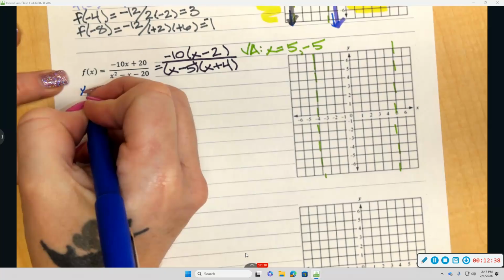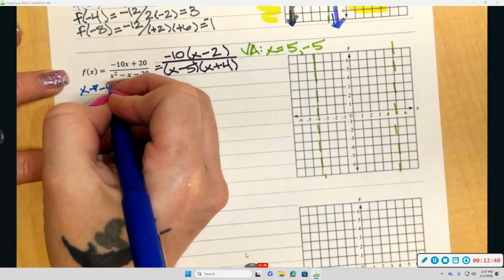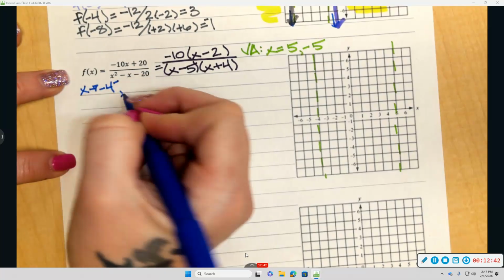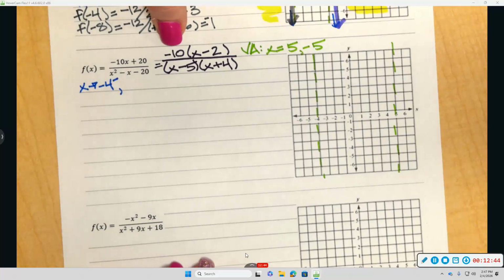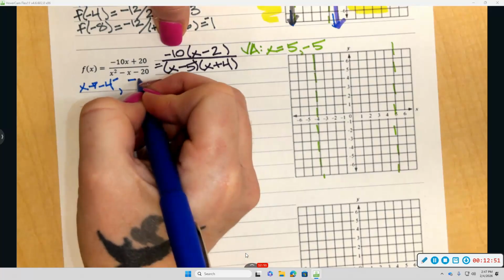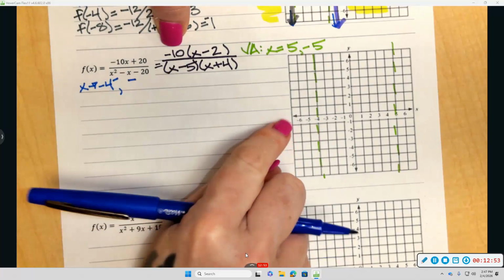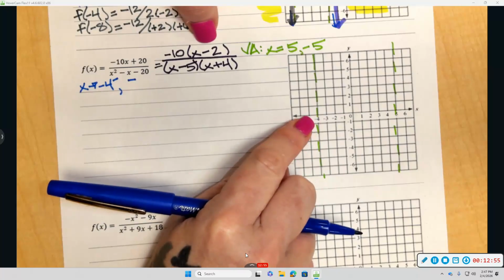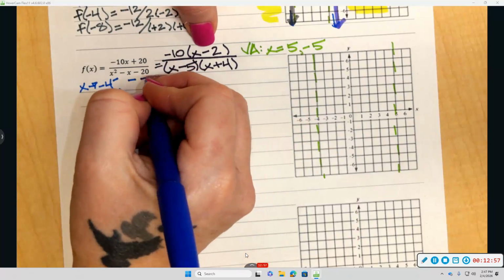So as x approaches negative 4 from the left, look at our factors here. We have negative, and then if I'm less than negative 4, this factor will also be negative.